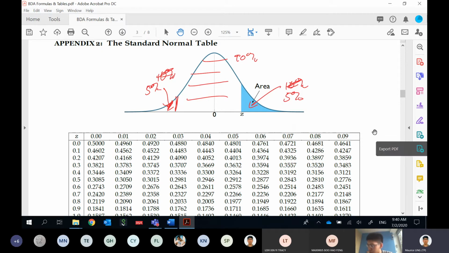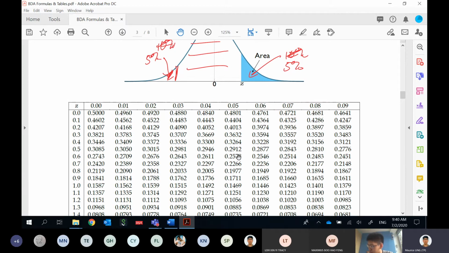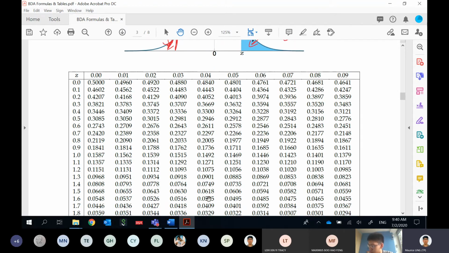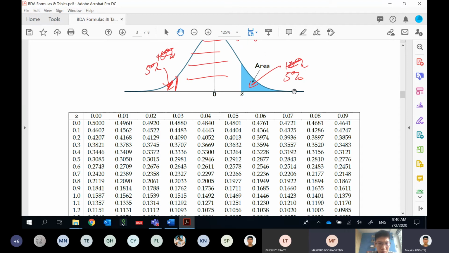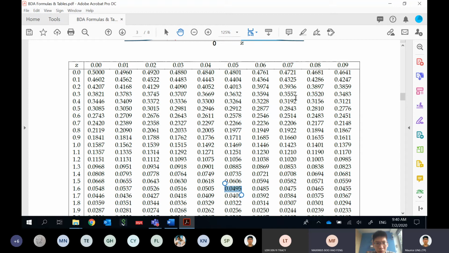Okay. So you need to find the 0.05 in the table. So for 0.05, you end up with 1.64 and 1.65. We use the one that is more, so that it's actually a little bit lesser than 5%. This is the one to get 1.65.